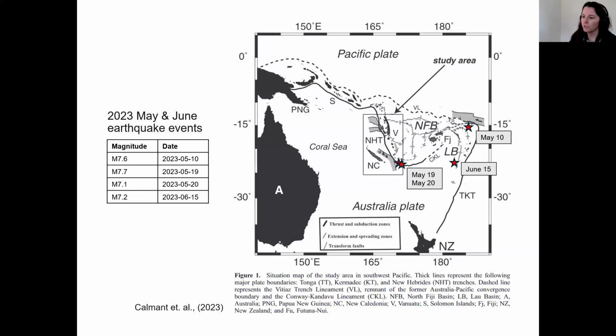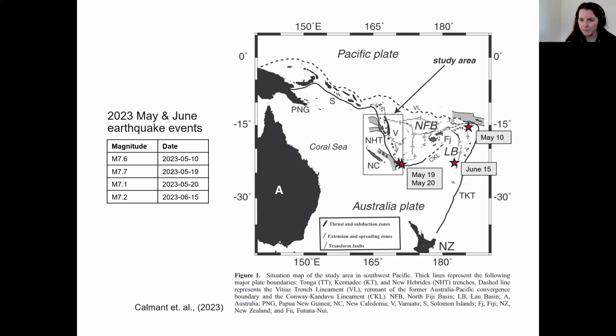You can see Australia here, and a lot of the South Pacific islands through here. The Pacific Plate and Australia Plate interface here at the different trenches that are called out. For this project, I'm going to look at May and June of 2023.